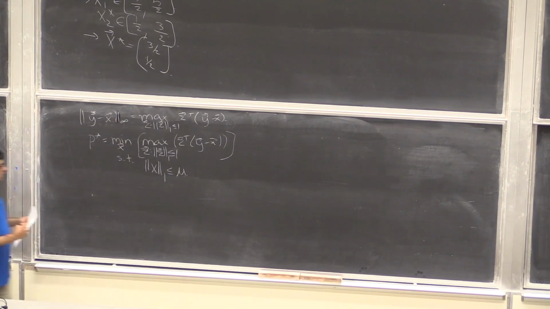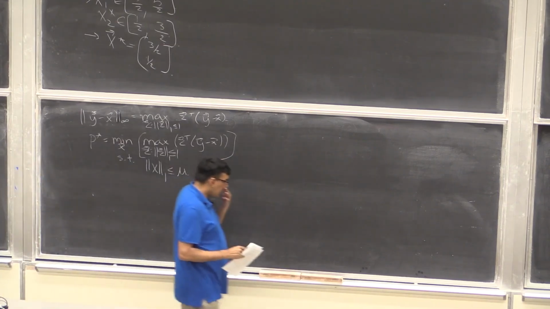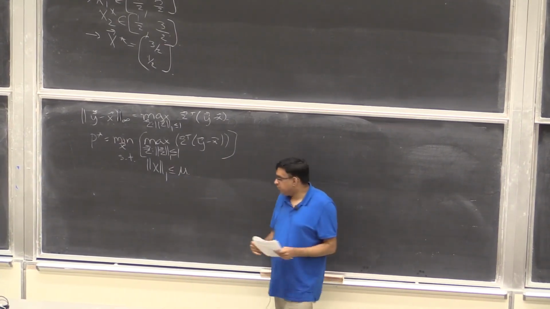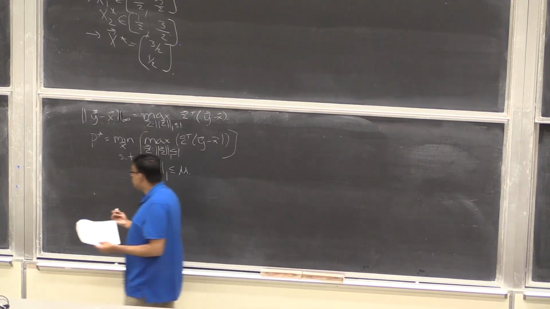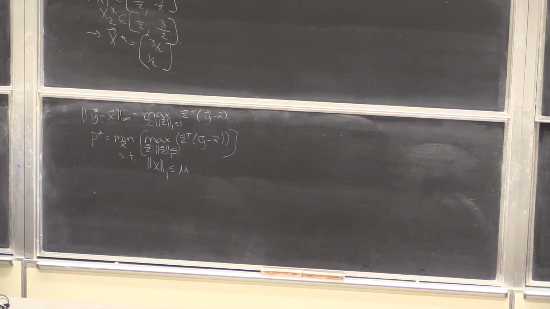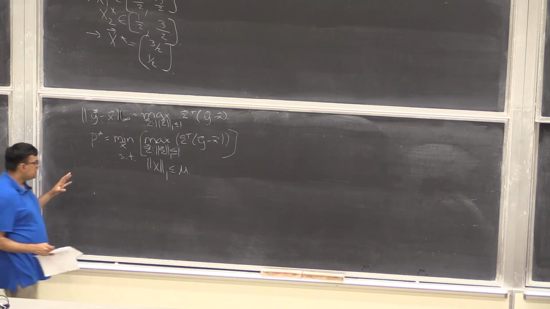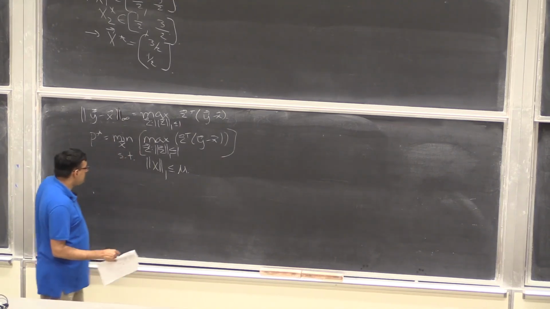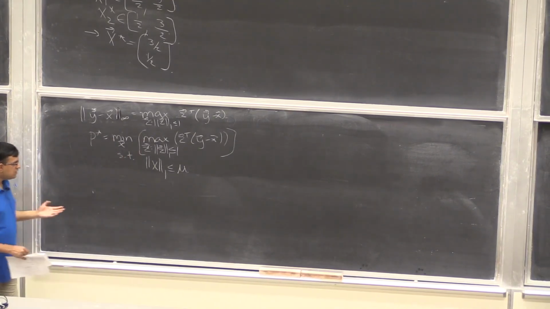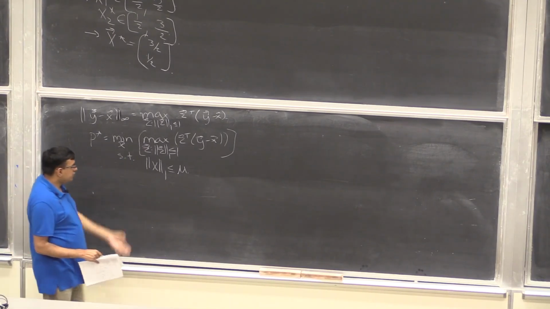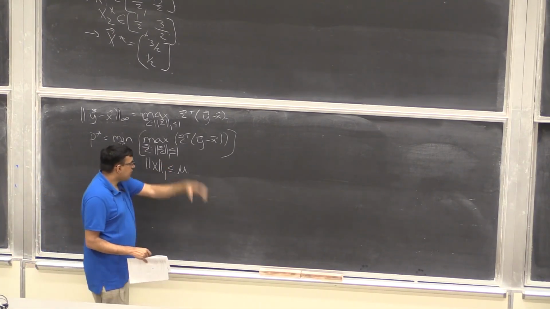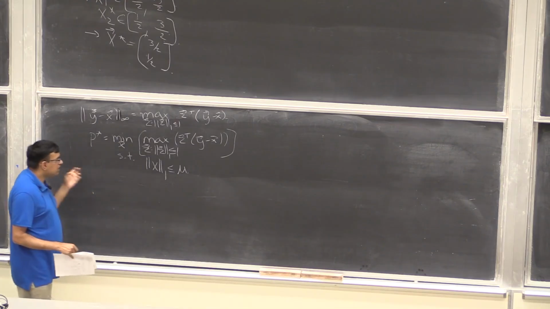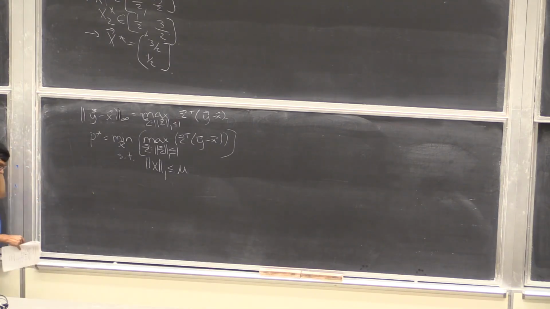So now we're going to go back to thinking about when we first defined the Lagrangian. It was defined such that p star is equal to min over your primal variable, max over your dual variable of the Lagrangian, and then max min is equal to d star.